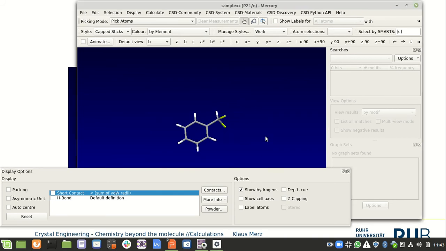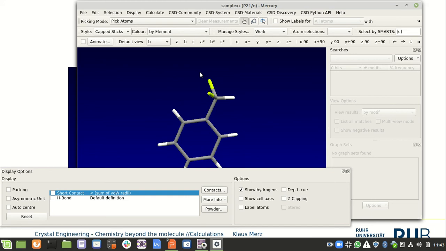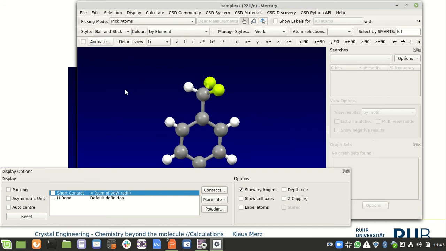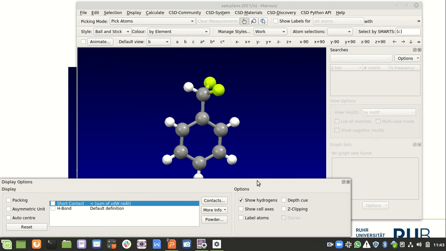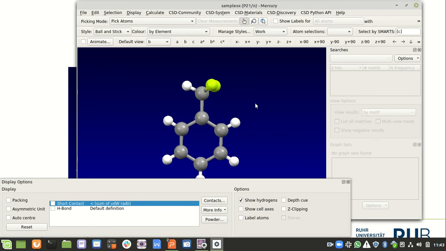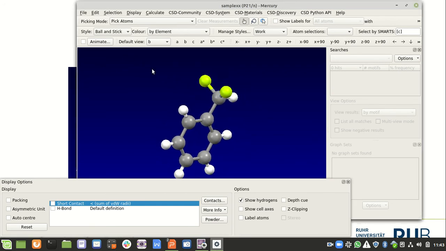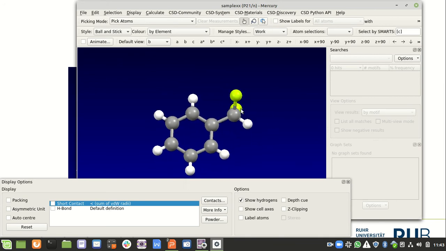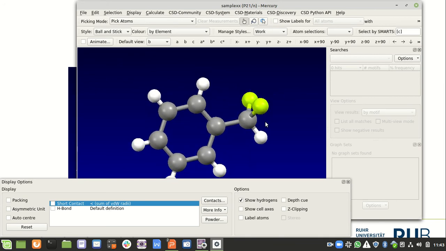So, hydrogen in this. In this situation, we have a CF2H substituent on the phenyl backbone. Okay?